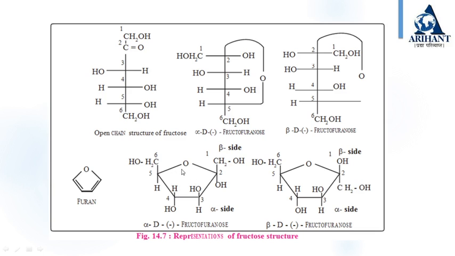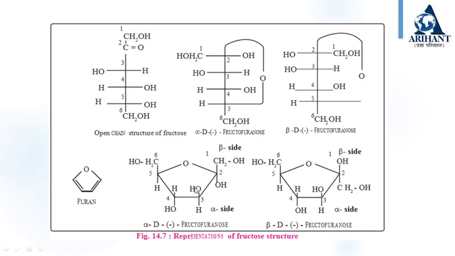So how will you write this ring structure? Start writing from the first carbon. This is a CH2OH group and this is an OH group. The left hand side you will write above the plane and the right hand side below the plane. So first carbon CH2OH is on the left side, so you will write it in the ring structure above the plane, and OH on the right side, so you will write it below the plane.